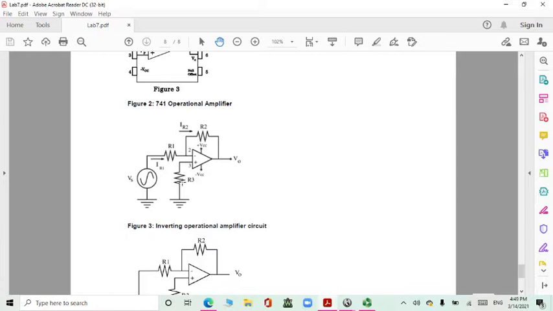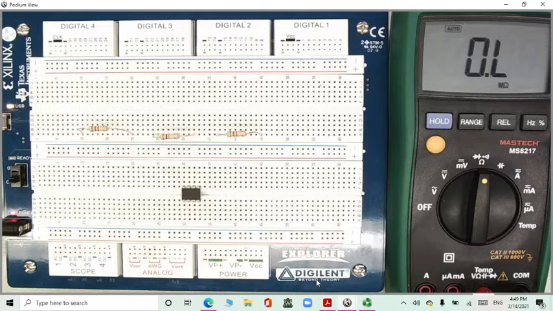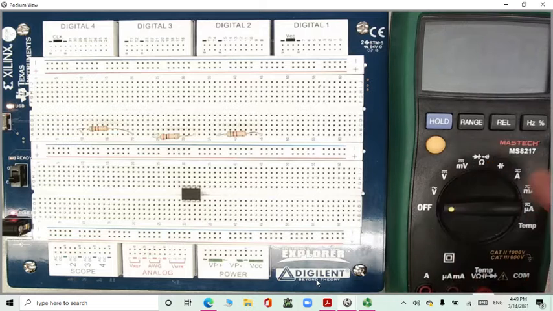R3 is connected to pin 3, which is non-inverting, and then to ground. This is positive VCC, pin number 7, and negative VCC, pin number 4. So we are only going to use 5 pins. Now let's start building our circuit.